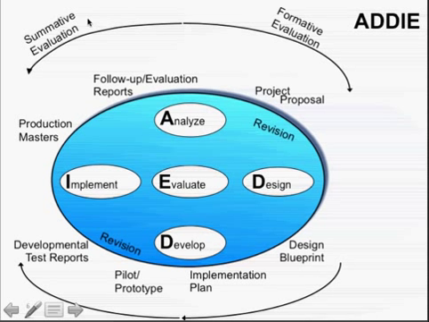How well did we do? The second purpose is formative evaluation, which says, based on the information we got from evaluations, how can we use that to improve? So that's kind of a quick run-through of some definitions and one model for instructional design, which is ADDIE.